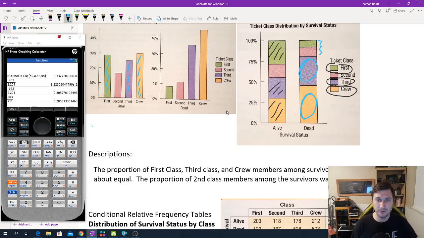So the proportion of crew members and third class members among the people that did not survive was much, much higher than the proportion of first and second class members that did not survive. I'll put that into a sentence as well. Let's see if I can move some of this up a little higher.